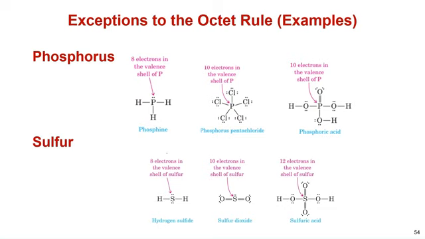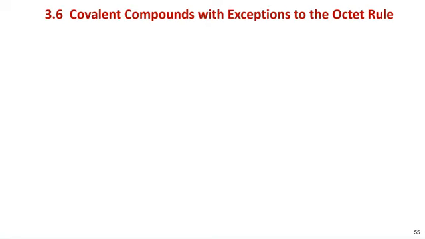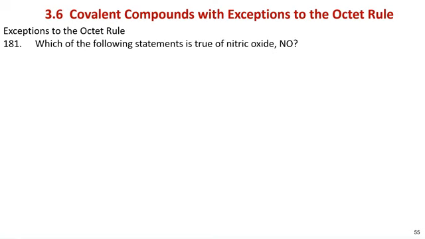Therefore, this has an octet, that's okay, but this one has 10 electrons. This one has 12 electrons. Therefore, when you get to the third period onward, elements can have more than an octet of electrons. If you take NO, that is an exception to the octet rule.